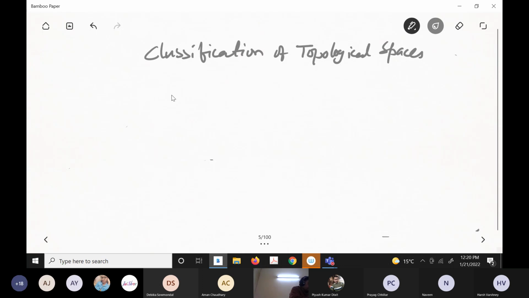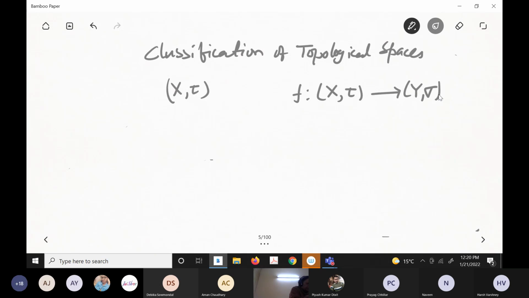Now look, when you have the continuous function, first of all, if I want to go for classification of spaces as the same, there has to be a one-to-one correspondence, that means a bijection. That has to be there.